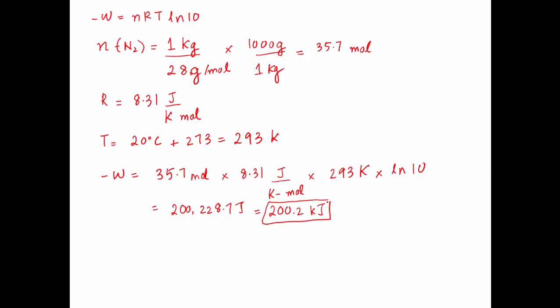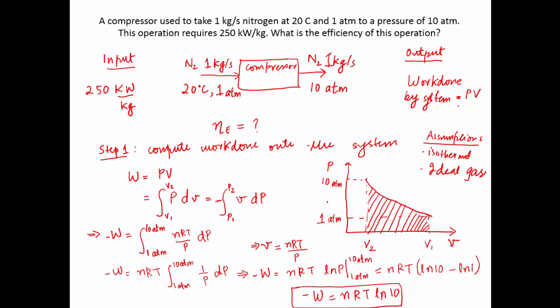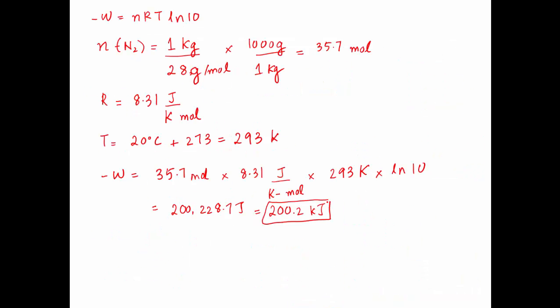We can approximate that as 200.2 kilojoules. So if we go back to the previous slide, we found our output, and we already knew our input. Now we're getting closer to our efficiency. One of the things we have to do is convert everything into the same units.